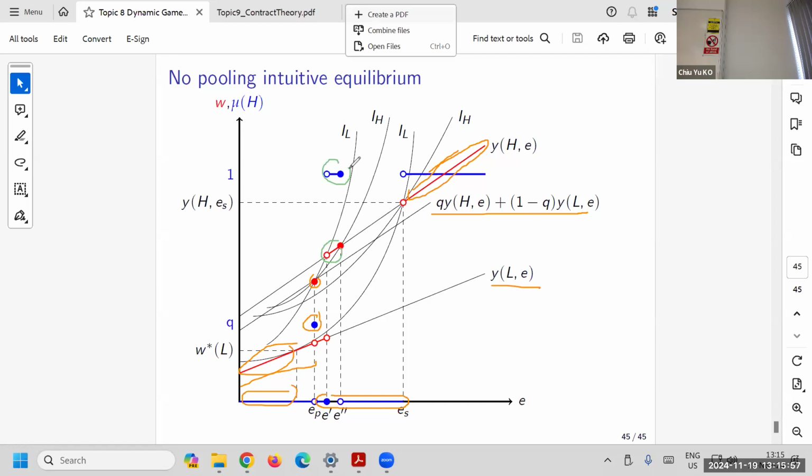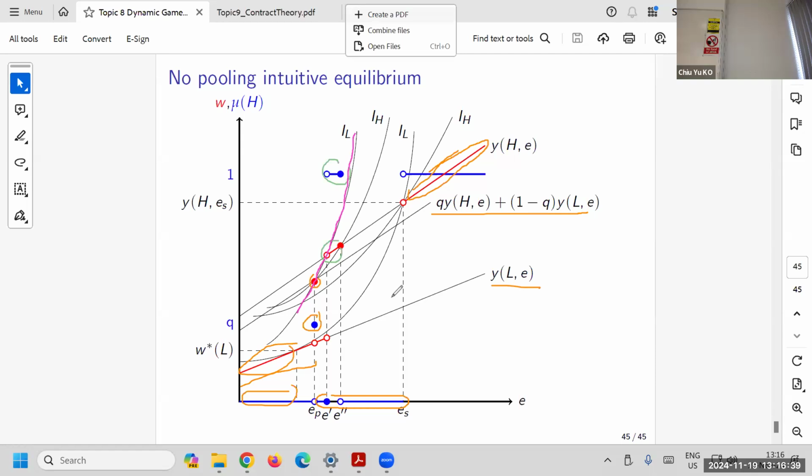Let me draw it again. The indifference curve is like this one. Your indifference curve is this guy, right? So anything on the right-hand side of the pink curve is bad, right? Any outcome that is on the right of pink is no better than the red dot, right? Red dot is what you get now, right? Indifference curve, right?